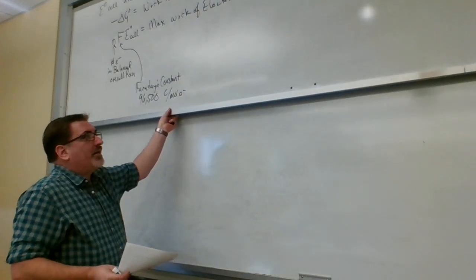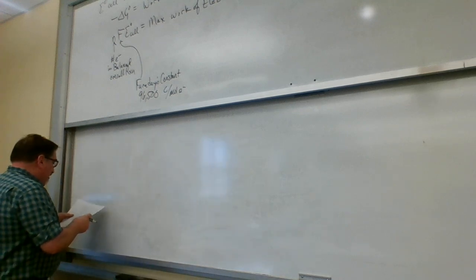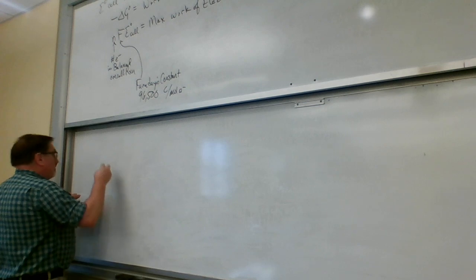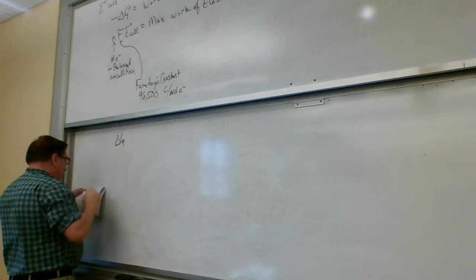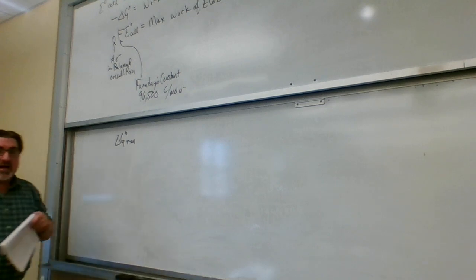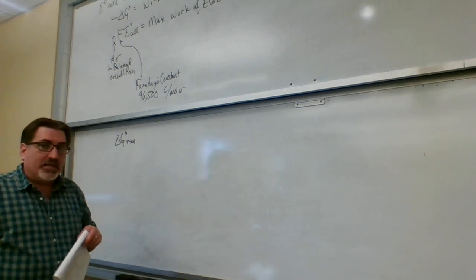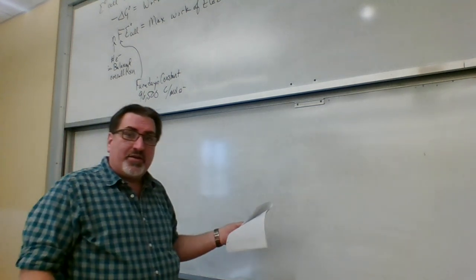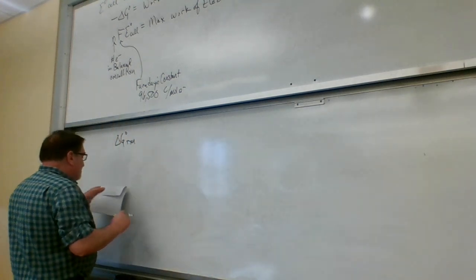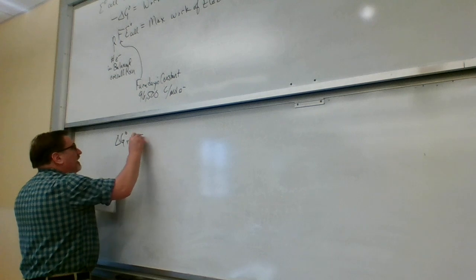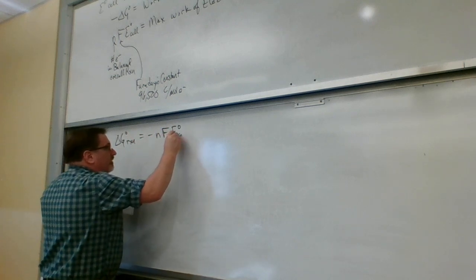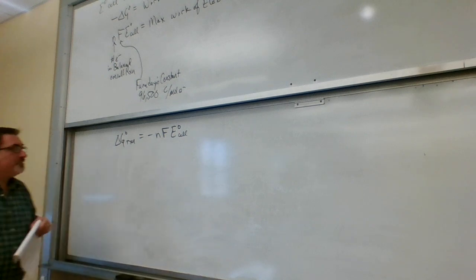So delta G0 for a reaction, which we would calculate the same way we did all of our others, either from tabulated delta G values or from H and S values, equals minus nF E0 for the cell.